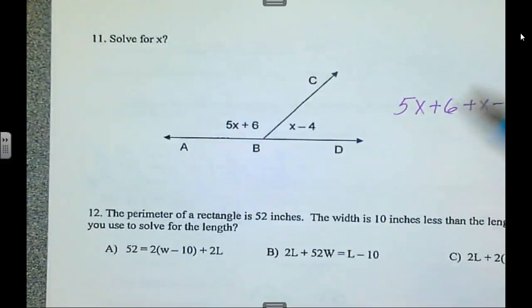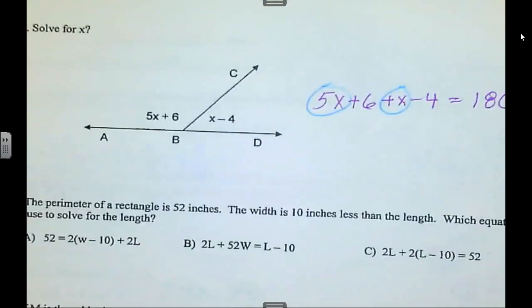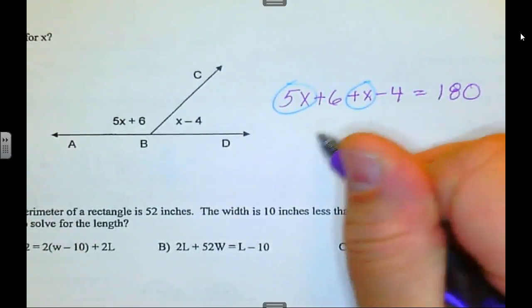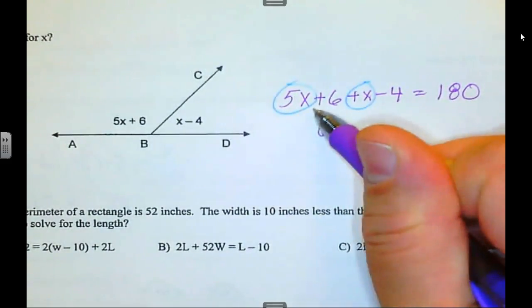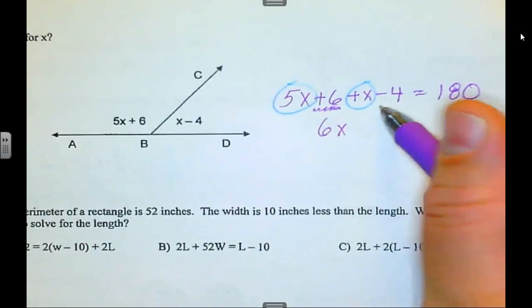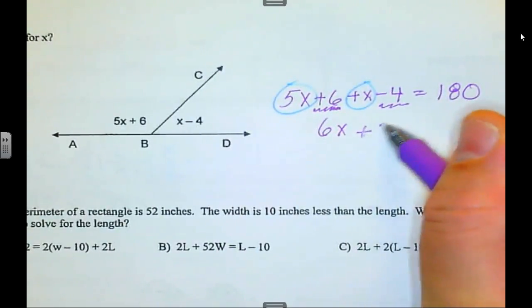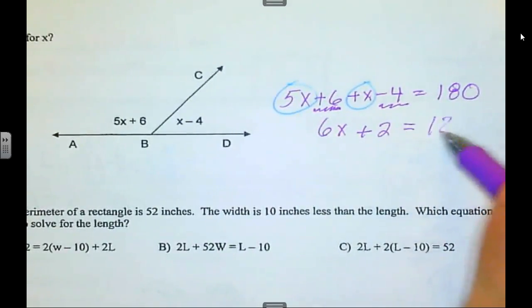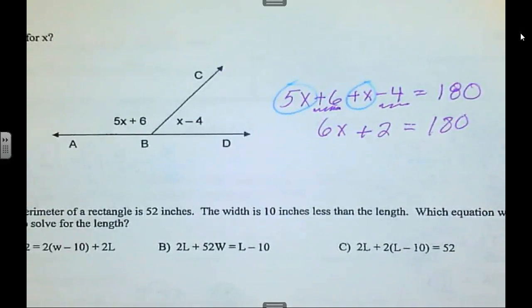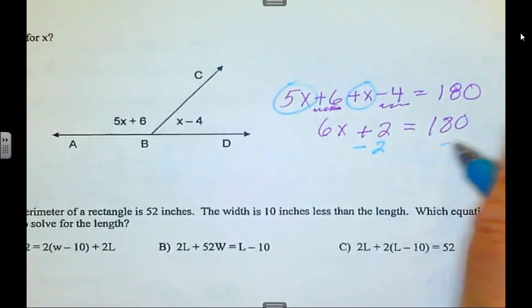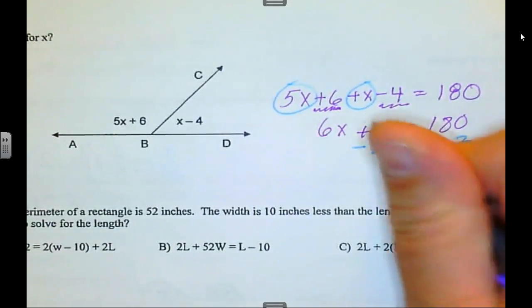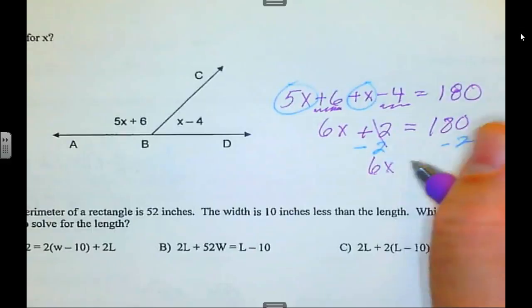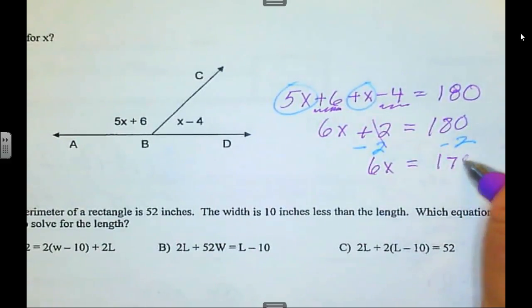Combine like terms, 5x, 1x. My other like terms, the constant term 6 minus 4 is plus 2. Subtract 2 from both sides. And divide both sides by the coefficient 6.